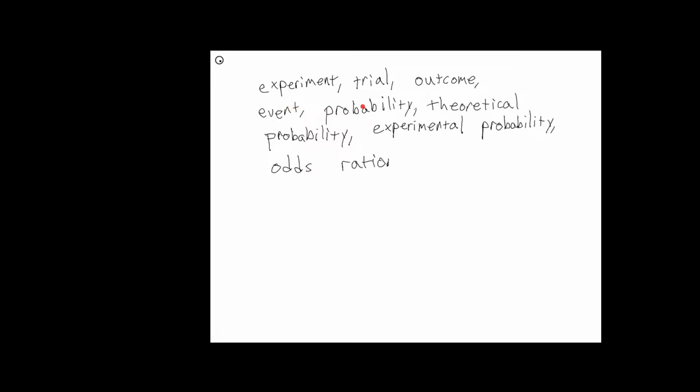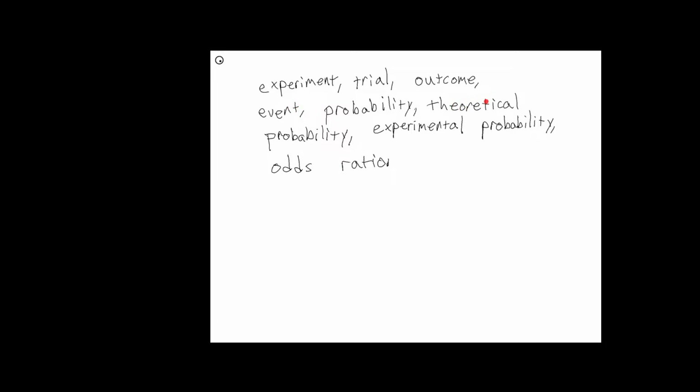The probability is the number of possible outcomes over the number of possible ways an event could occur. That's the probability of an event. The probability of an experiment explains all the probabilities for each event.